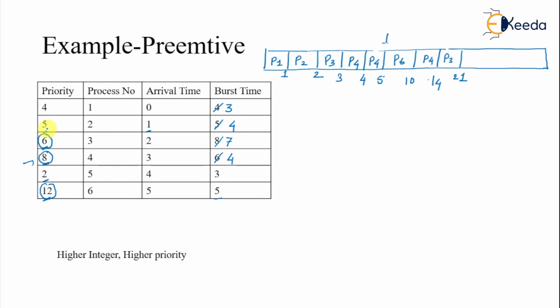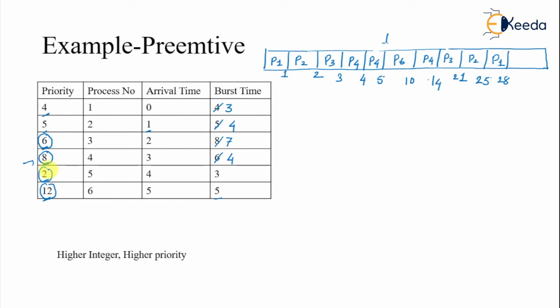So 5 is the highest priority, which is P2, and P2 is left with the burst time 4, which will make it 25. Now we are left with 4 and 2. Definitely we'll go with 4, and the burst time in this case is only 3, that is P1 with burst time 3, and that will be 28.